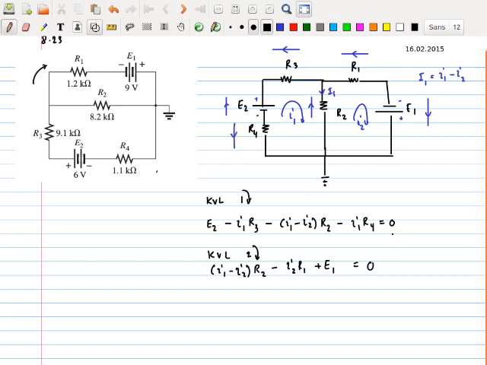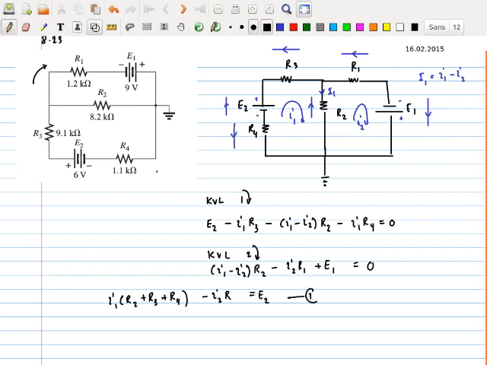Now I got two equations. Now we've got to make it look nice. I'm sure you can do the algebraic manipulation to make it look nice. I will directly take it off this. It says I1 times R2 plus R3 plus R4, minus I2 R2, is equal to E2.